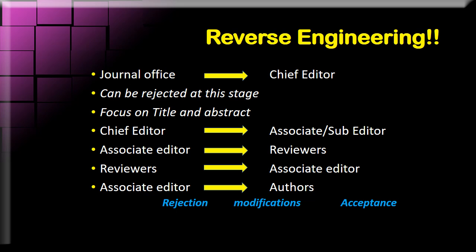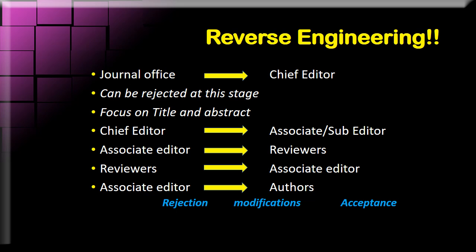Let's look at what happens when you submit a paper, because based on that, we can then start working on what we can write and how we can write to maximize the chances of an article being accepted by a journal. When you send the article to the journal office, most of it is done online nowadays.